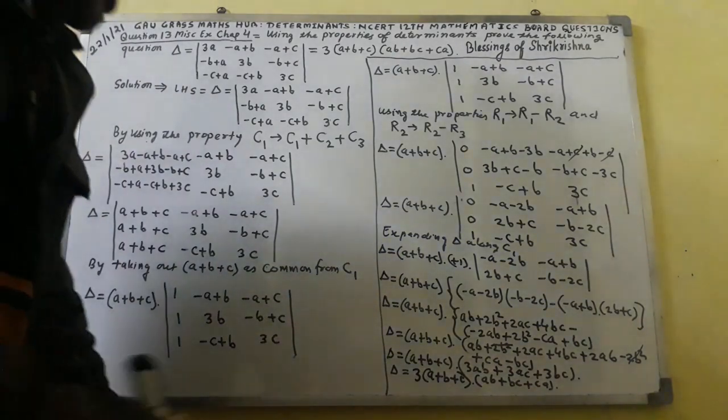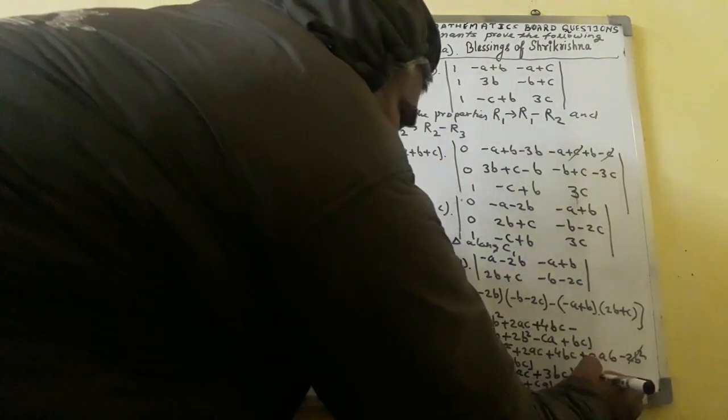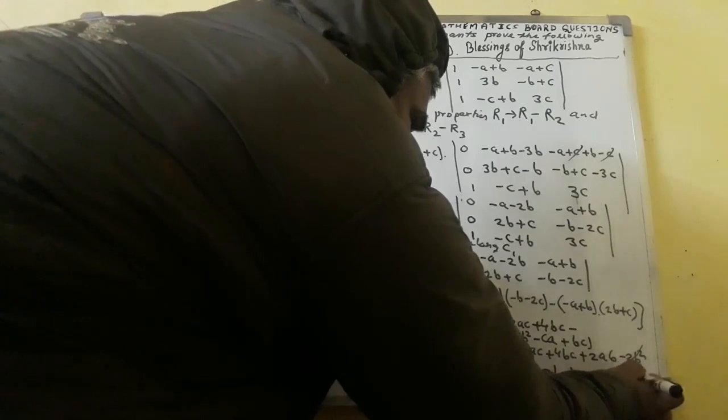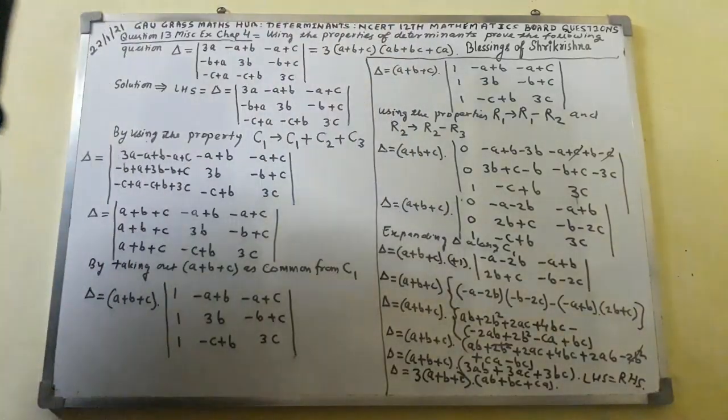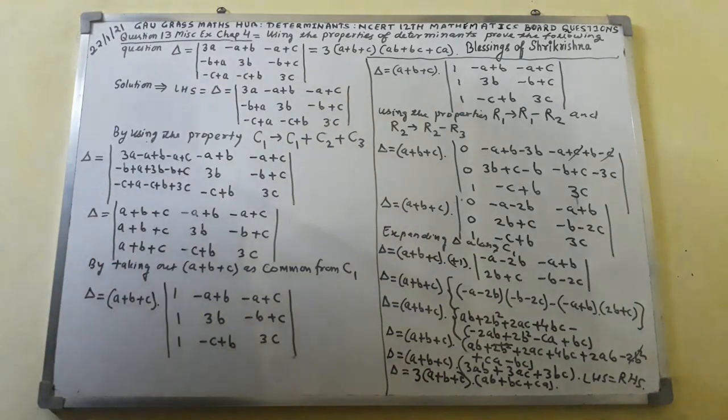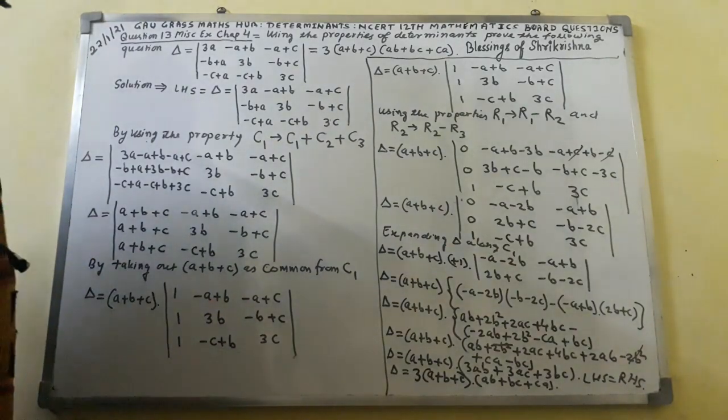So here you have got LHS equal to RHS. I can write very well. This is the proper explanation and solution of question number 13.